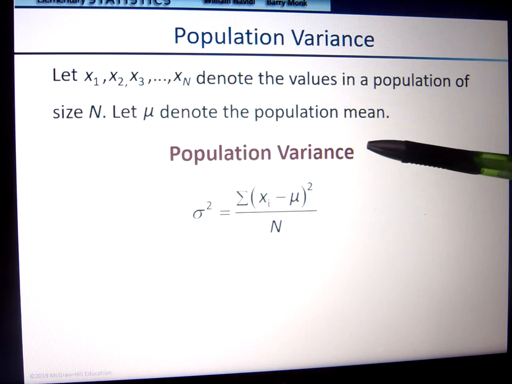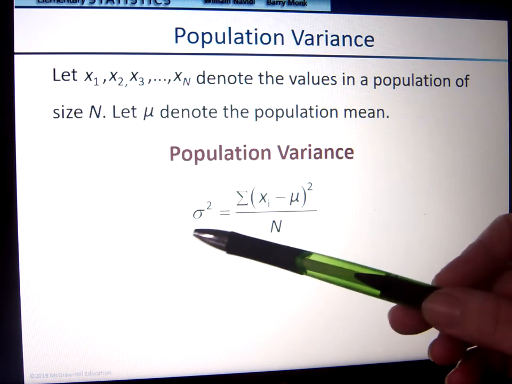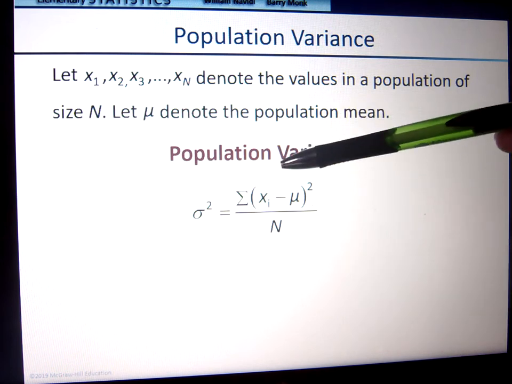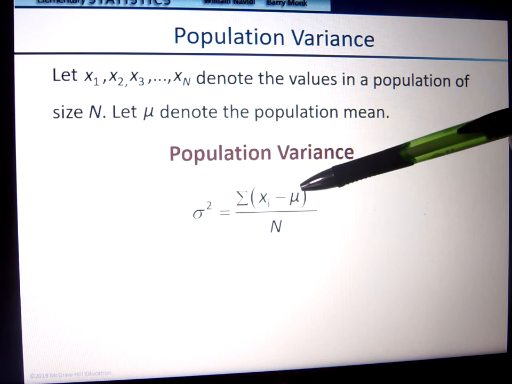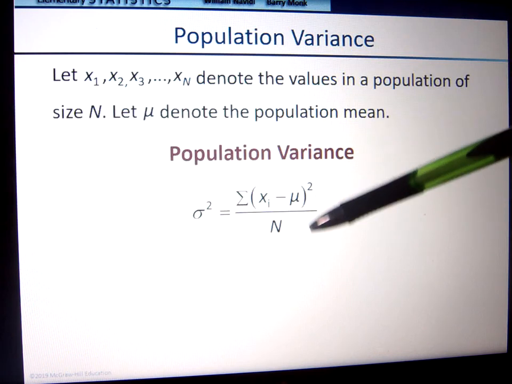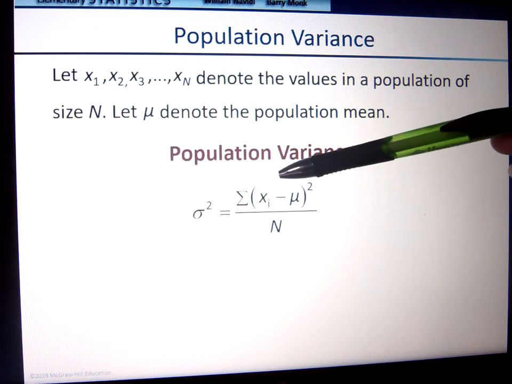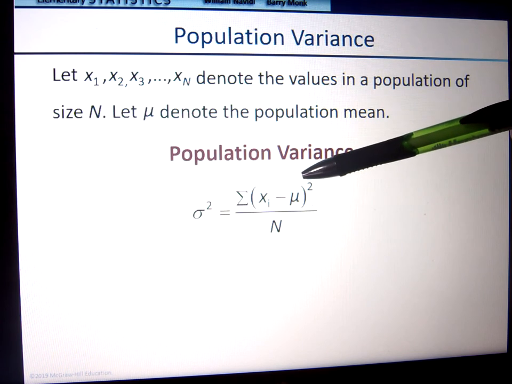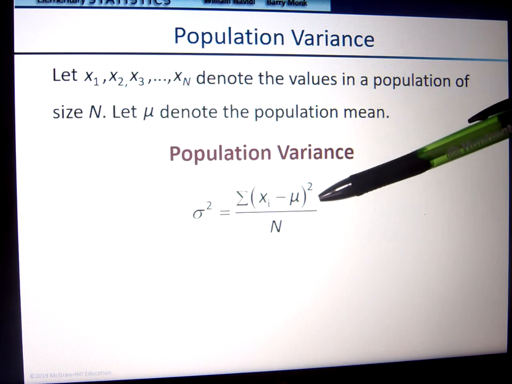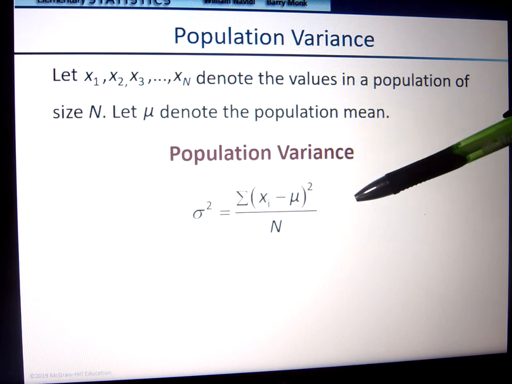So we have the population variance, sigma squared, which equals the sum of each piece of data subtracted from the mean and then squared, divided by the total. So you take each piece of data, subtract it from the mean, then you square it, and I'll talk about why in a moment. After you add all those together, you divide by N.